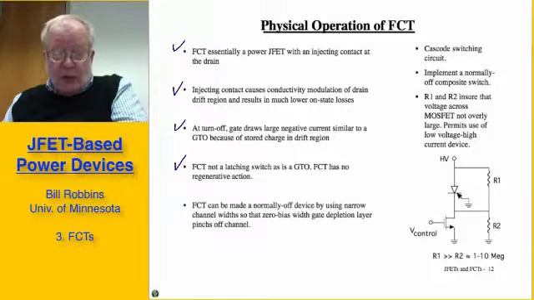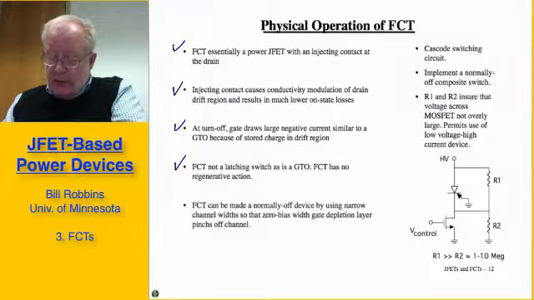That means that in order to keep the device on, you must keep the device gate to cathode voltage at 0. And in order to turn it off, you must keep a negative gate to cathode voltage larger than the pinch-off voltage in magnitude.